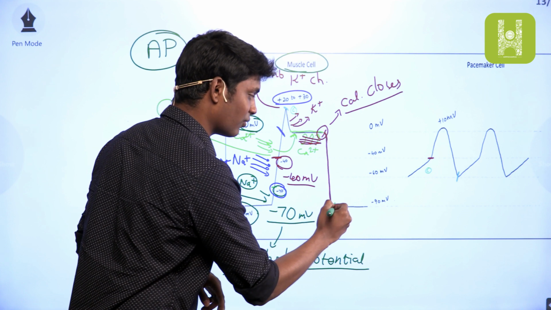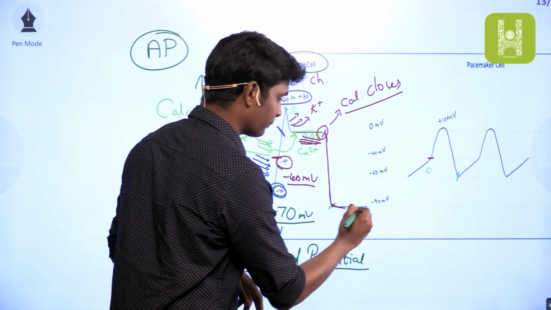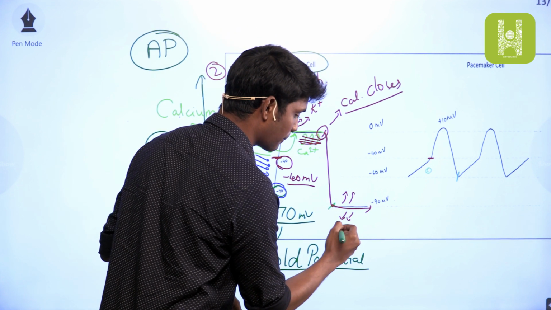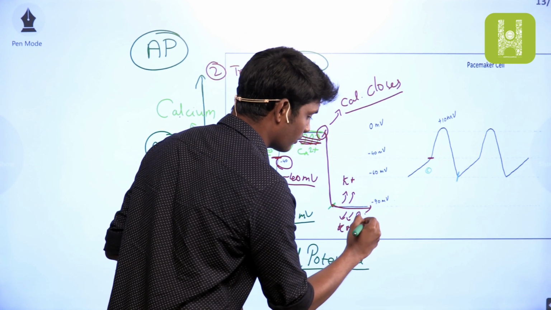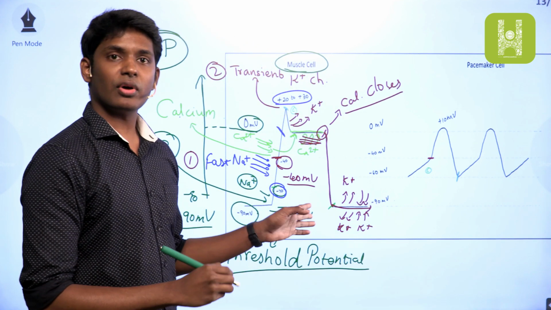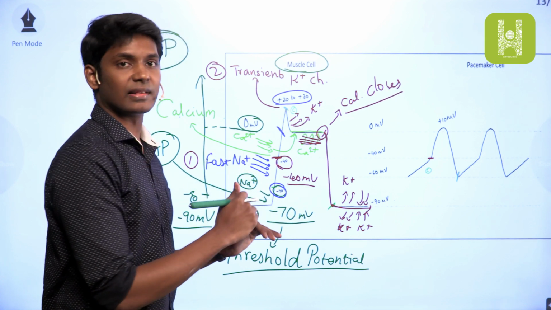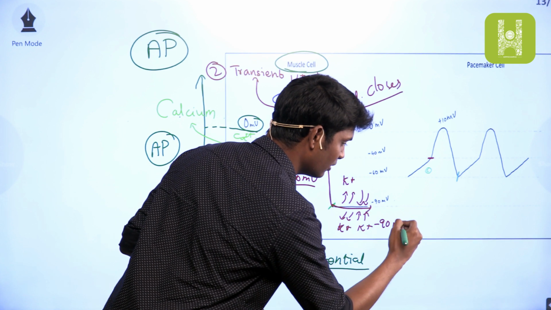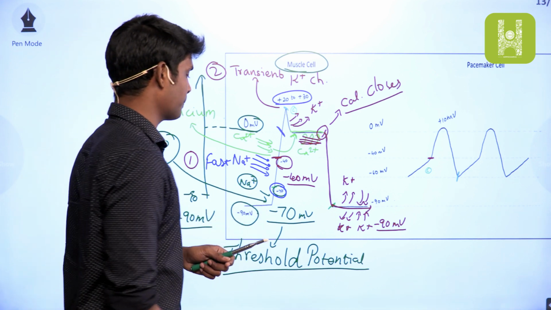It falls and falls till it reaches the resting membrane potential, where the inflow and outflow of potassium equalize, and the membrane potential again stays at the resting membrane potential, which is around minus 90 millivolt. So let me summarize.